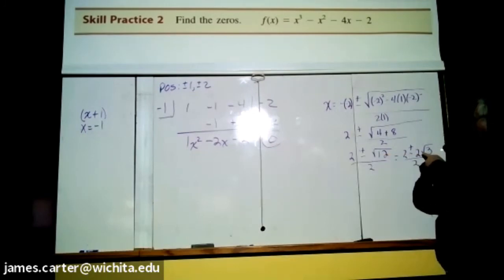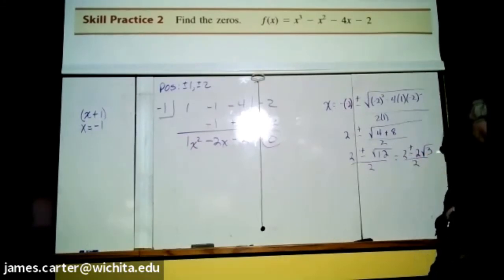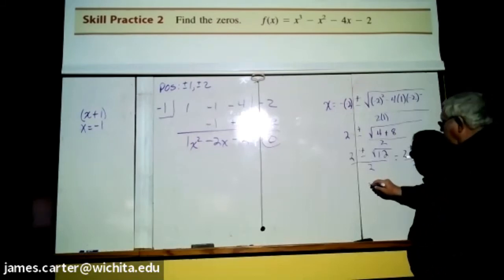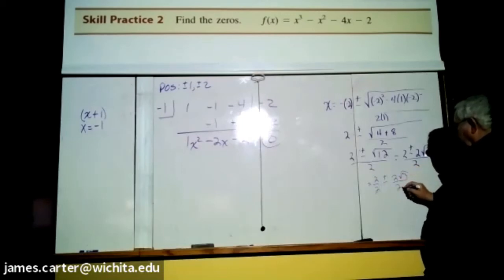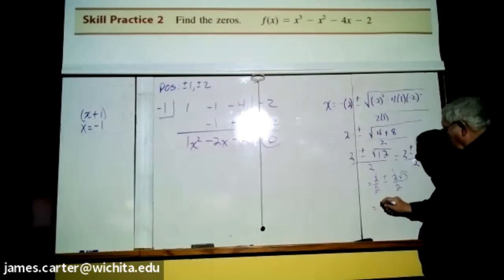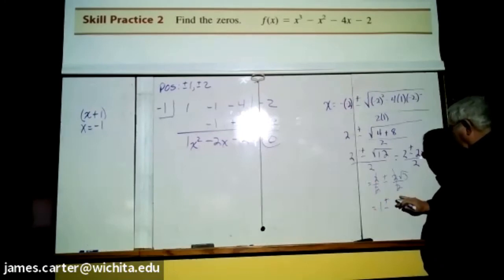Okay, the 4 will extract to 2, leaving the 3 under the radical. Now I can change this into 2 over 2 plus or minus 2 square root of 3 over 2. Cancel those, and I get 1 plus or minus square root of 3.